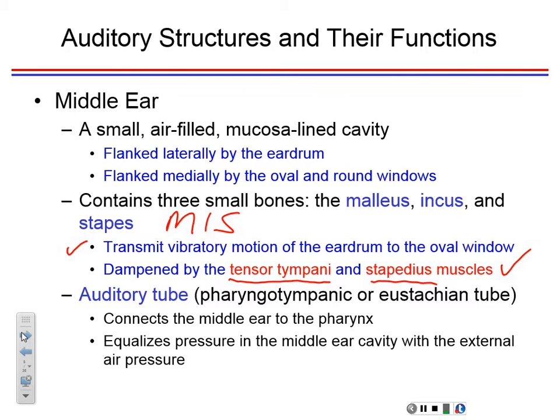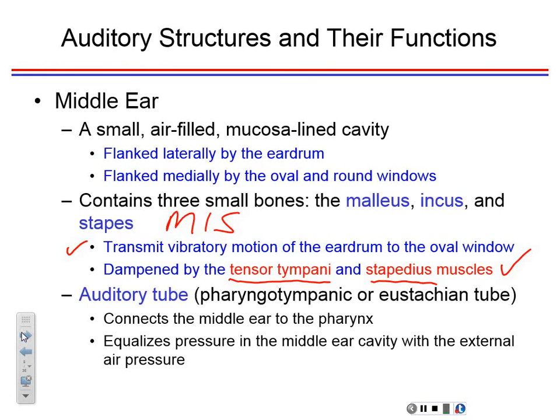When you take in air, it comes through your throat and goes through the auditory tube, sometimes called the eustachian tube, and it equalizes the pressure on the tympanic membrane. That's why they say chew gum: as you swallow, the air is pushed into the auditory tubes to equalize the pressure.